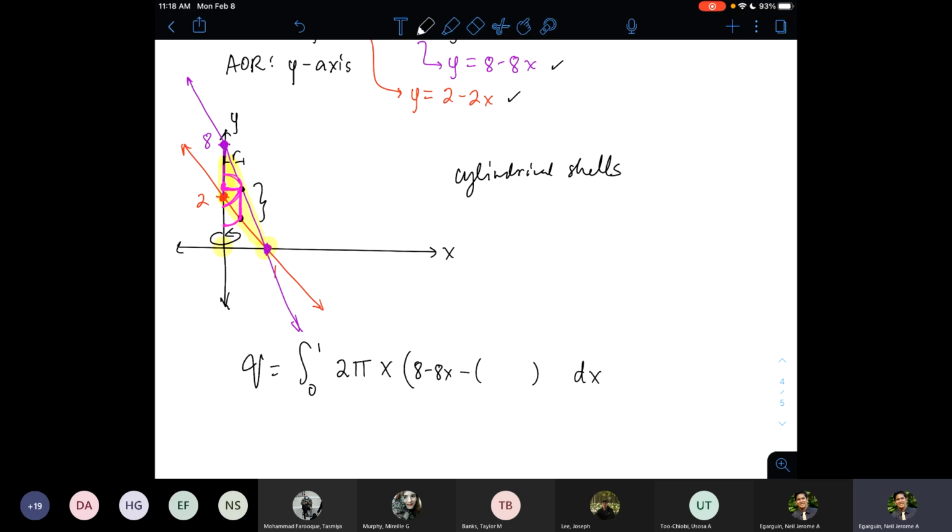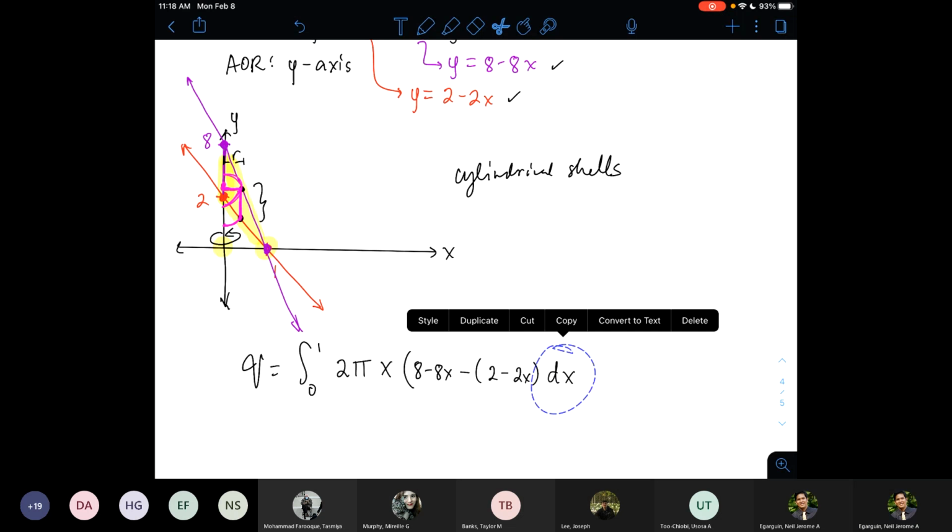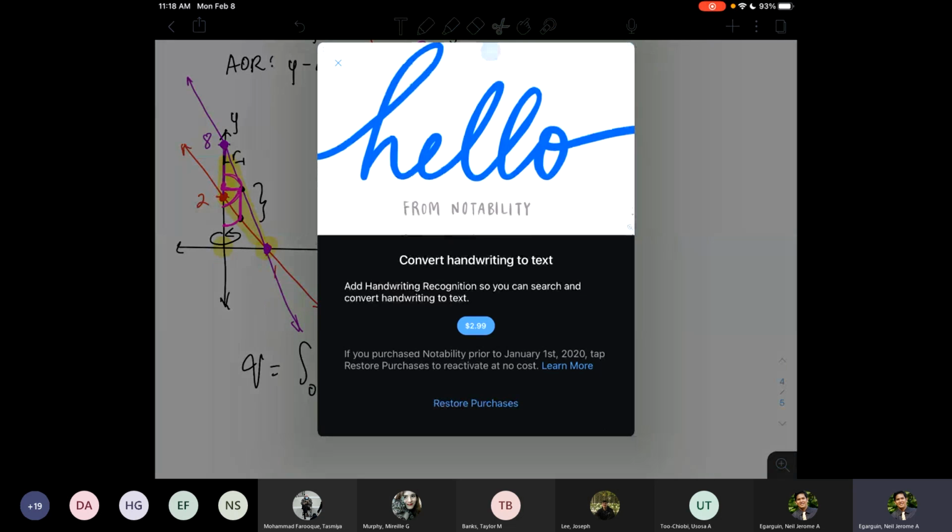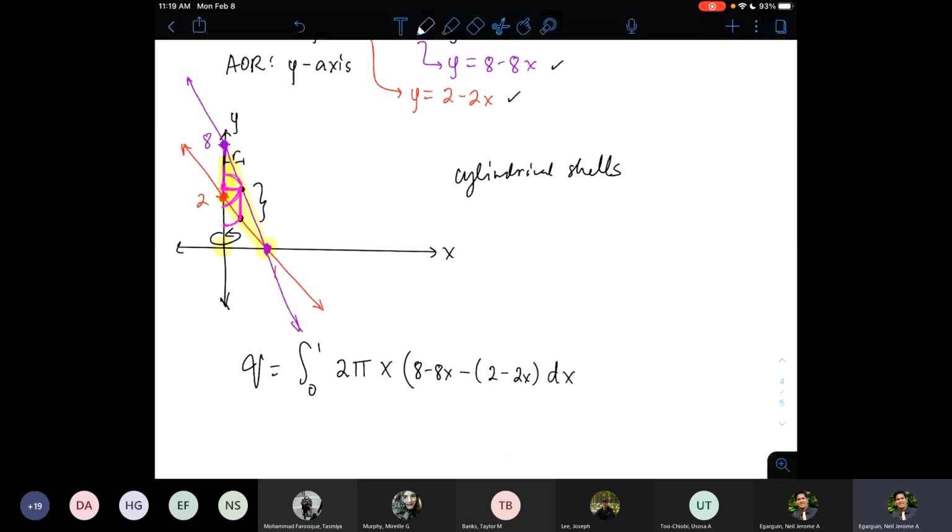So we don't want to forget that the negative sign in front of the lower function should be distributed to both terms. So there would be a 2 minus 2x over here. Then simplify the integrand, and you should have an easy polynomial to integrate over here.